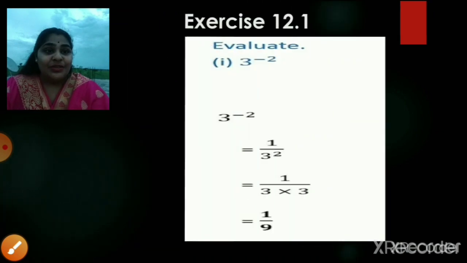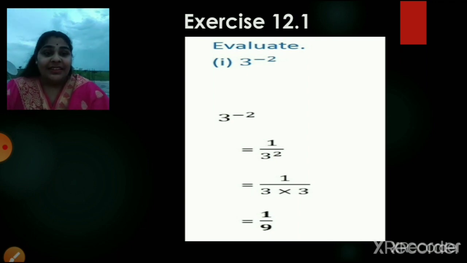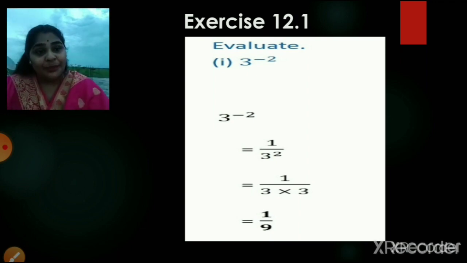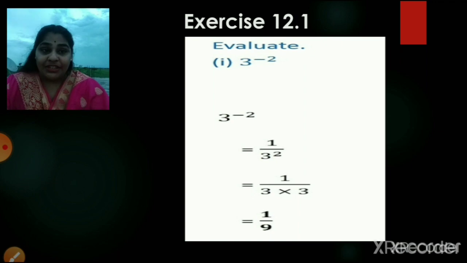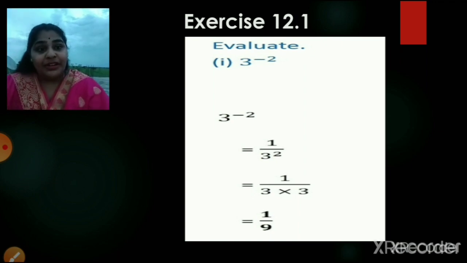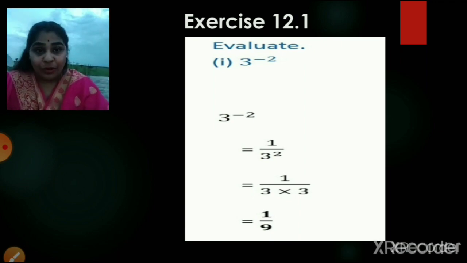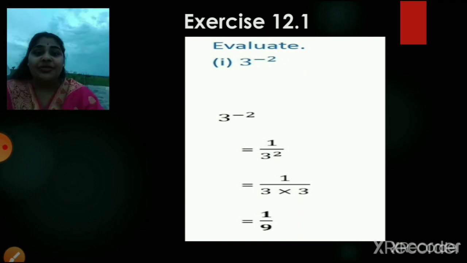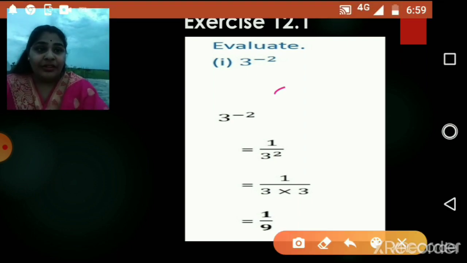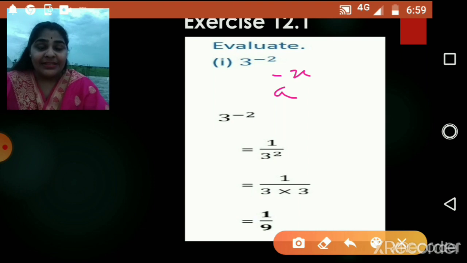Right, so let us begin with our first exercise 12.1. Evaluate 3 raised to negative 2. Using our law of exponent, you should write here using law a raised to minus x is equal to 1 upon a raised to x.